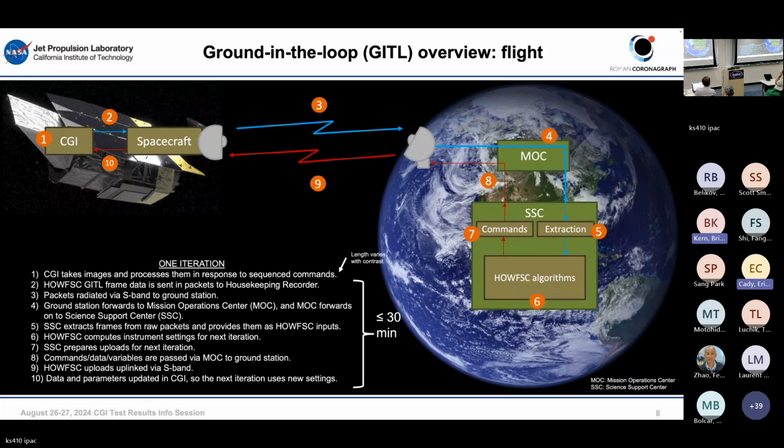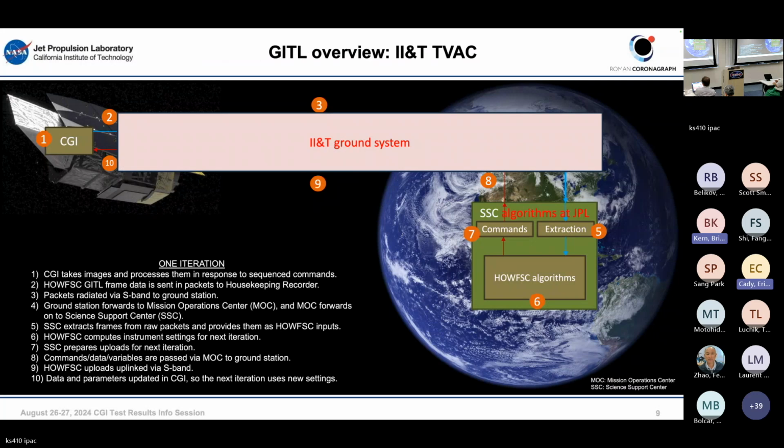Now, just note for the record, if you go to the next slide, what we did for IINT was cut almost everything out of the loop, because all of those ground system elements are not ready to do this yet, and just had the IINT ground system sitting in for both the spacecraft and the ground side of things. And then SSC did use their algorithms.